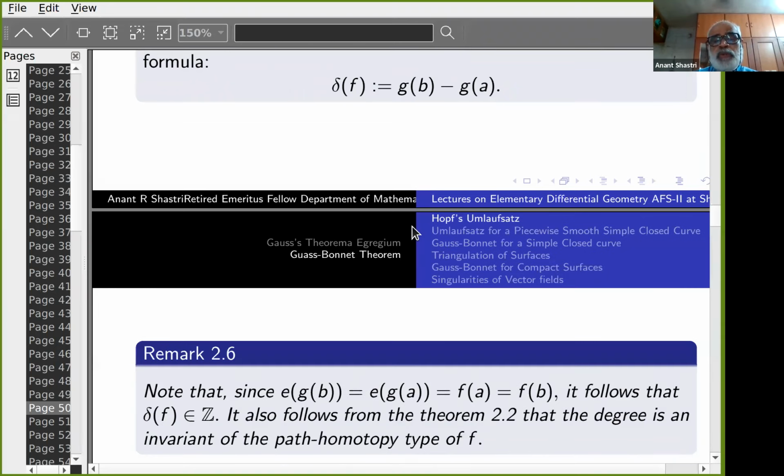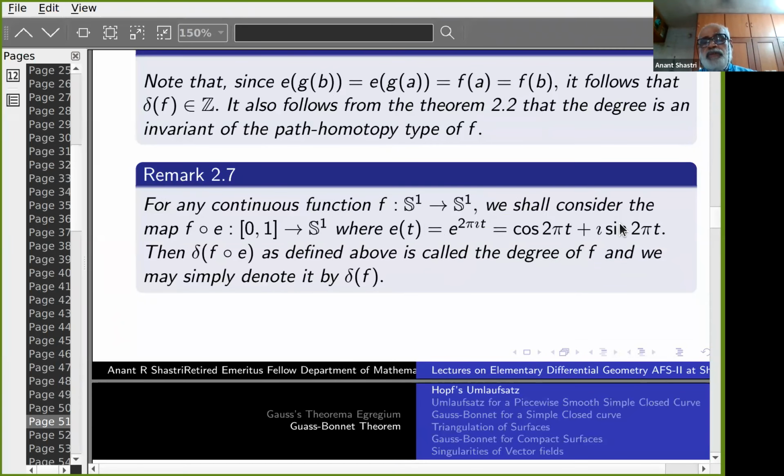Suppose you have some function f, then we consider the function f composite e from [0,1] to S1. First you take e itself here, then follow it by f, and then you can look at a lift of this one into R and apply the previous thing. You get delta of f composite e, which you can write as delta of f.